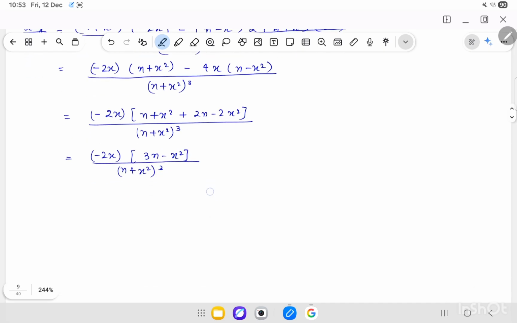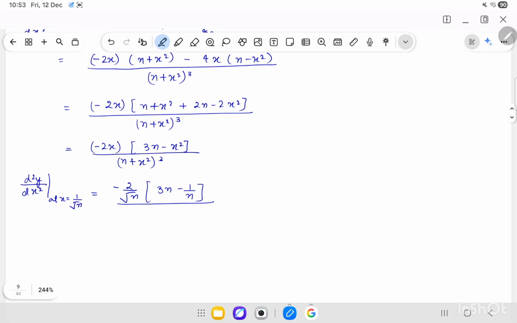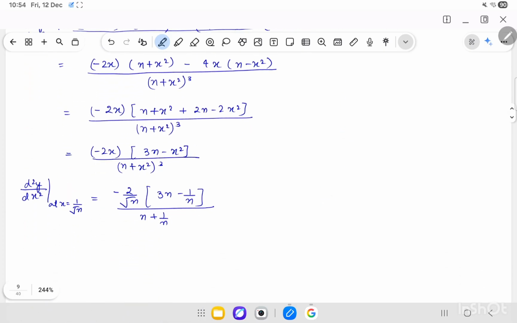Now let's evaluate the value of d square y by dx square at x equals square root of n. I think x will be equal to square root of n, not 1 by square root of n. So it will be plus minus square root of n, and we can easily discard minus square root of n.